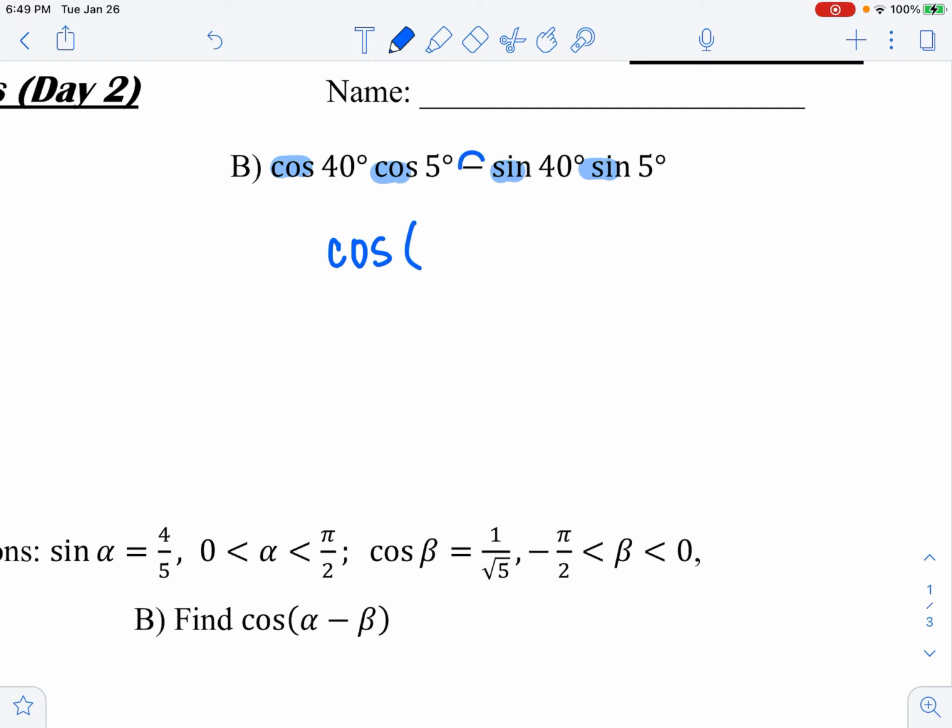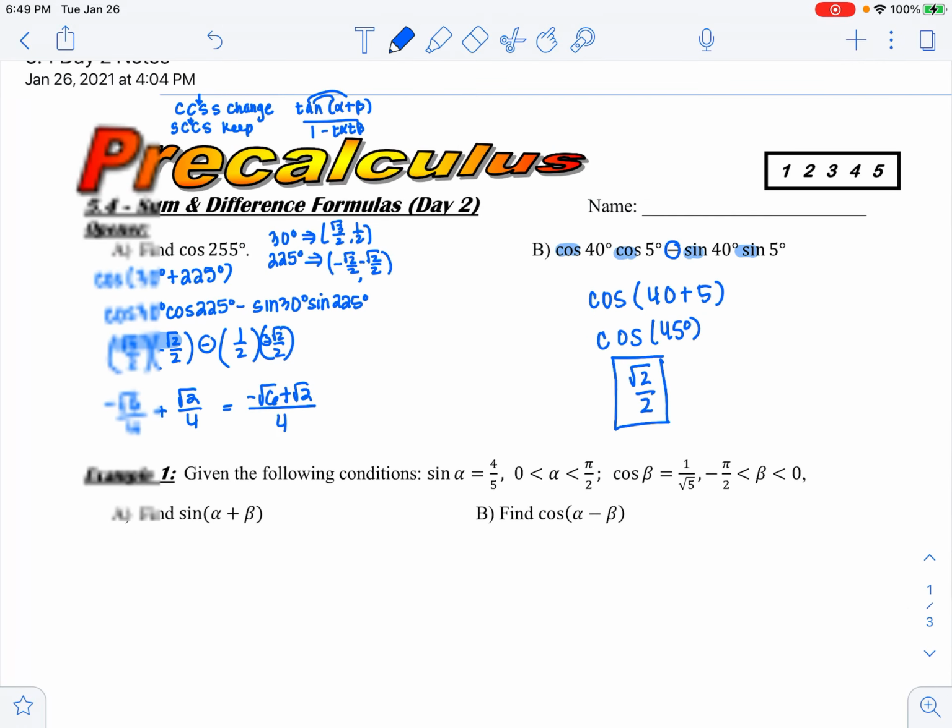Now I know it's the difference because you take the opposite of that for cosine. So cosine of 40 plus 5, I was already adding them in my head, which is the cosine of 45 degrees, which is root 2 over 2.